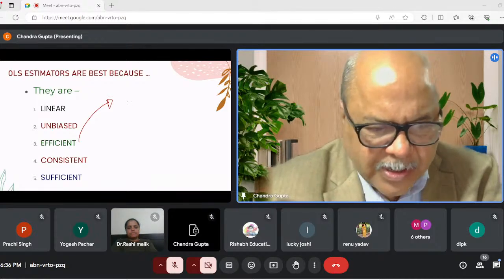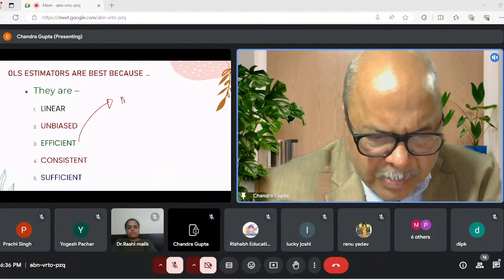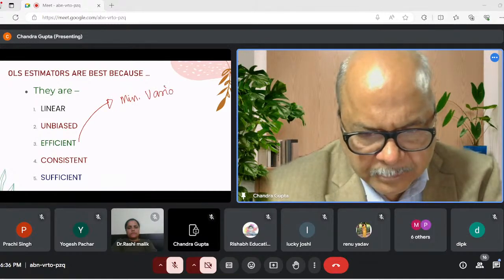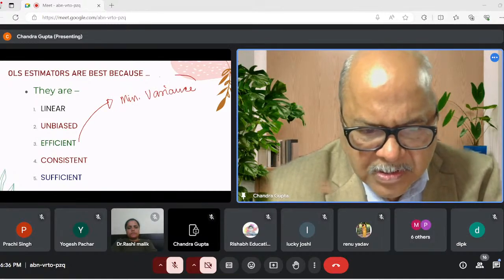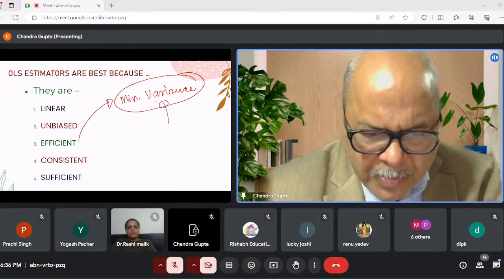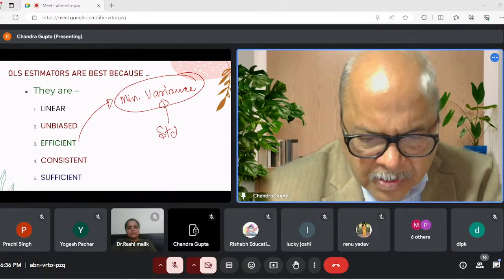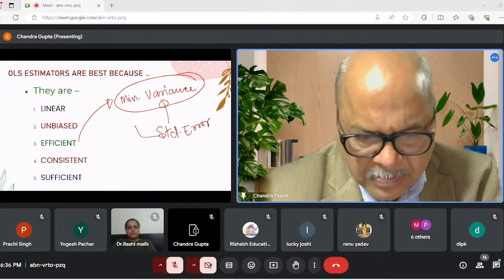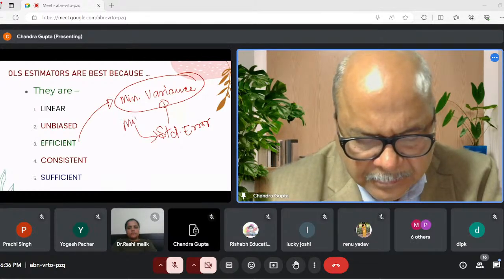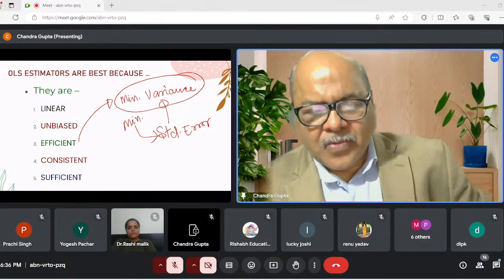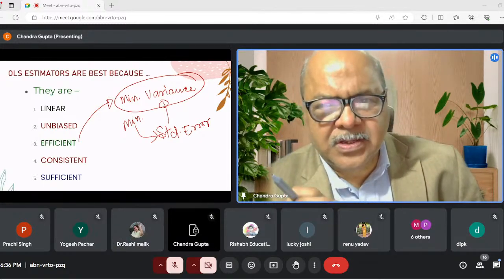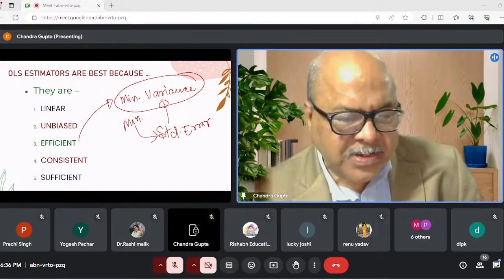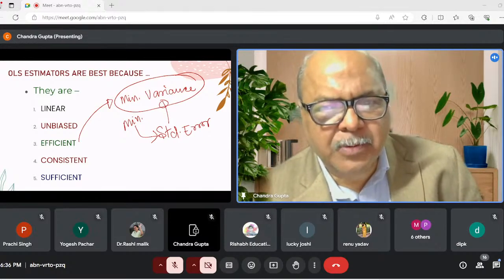An estimator is said to be efficient if it has minimum variance. And if you remember, variance is an indicator of standard errors. So an estimator is efficient if it has minimum standard error or minimum variance.